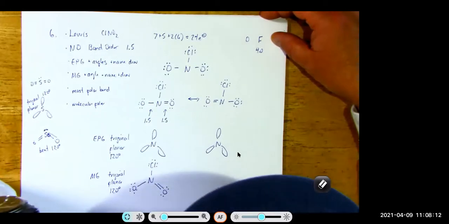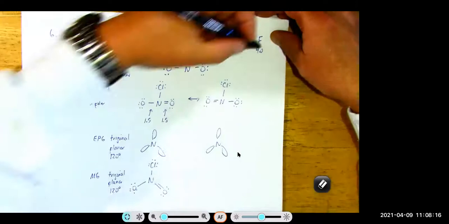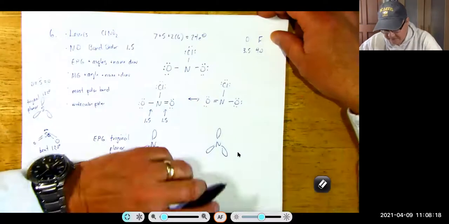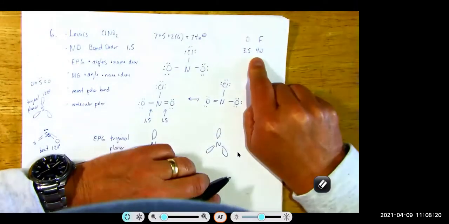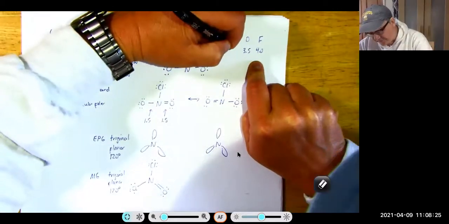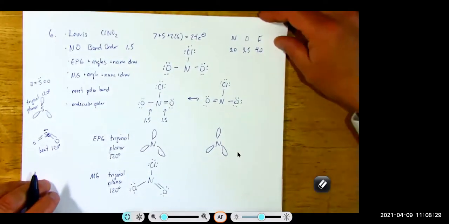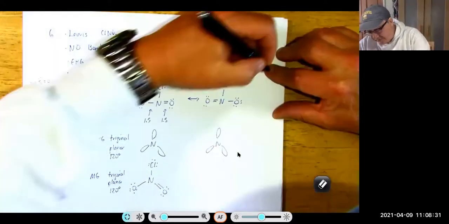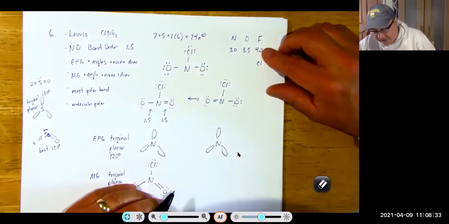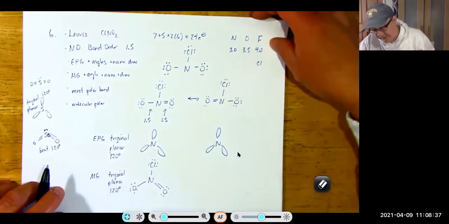Oxygen is 3.5. The nitrogen? Nitrogen is a 3.0. Now, I will tell you that for chlorine, it's not as electronegative as oxygen. It's less electronegative than oxygen. So pick a number that's less than oxygen.